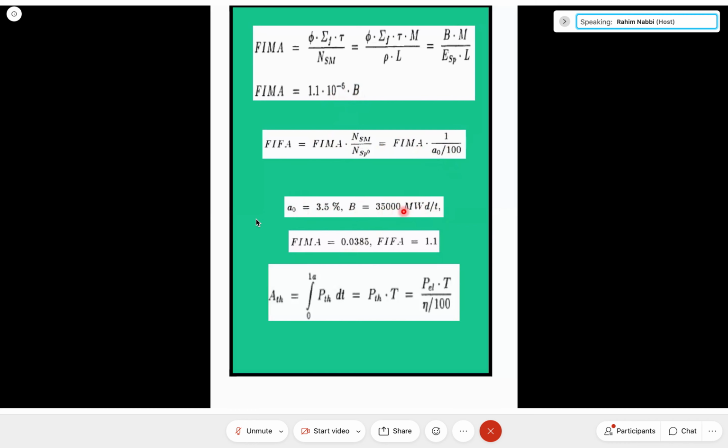Then it would be megawatt day. So again, that would be megawatt day per tons, of course.